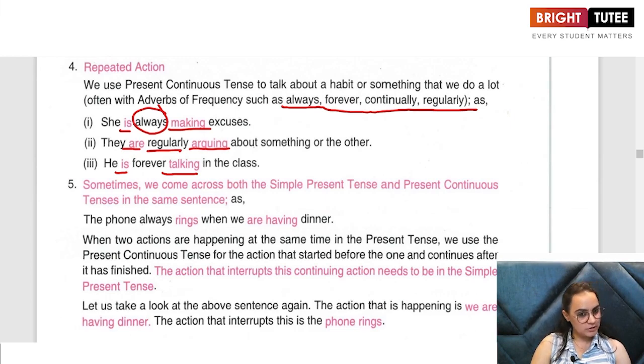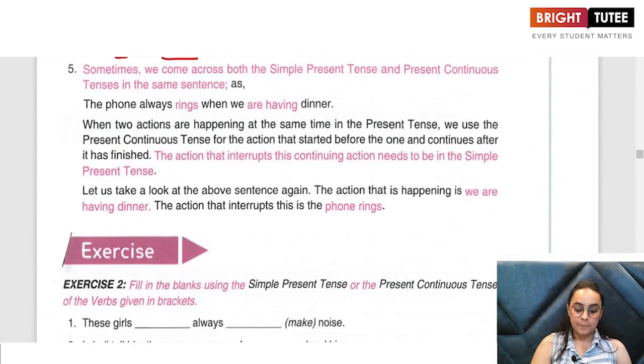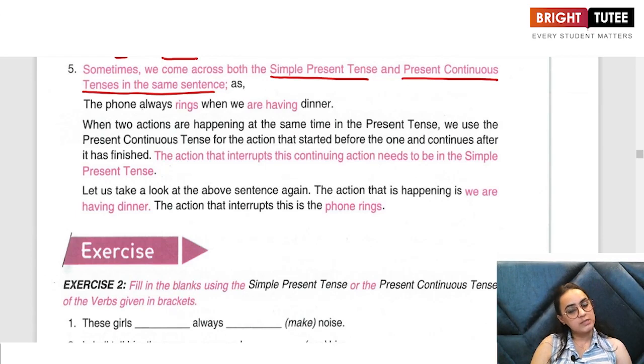Now the next usage of the present continuous tense says, sometimes we come across both the simple present tense and the present continuous tense in the same sentence. There are a few situations in which you use the present continuous tense and the simple present tense in the same sentence.